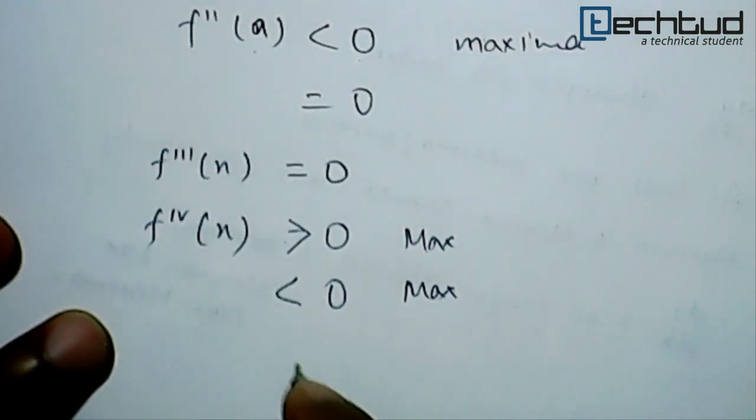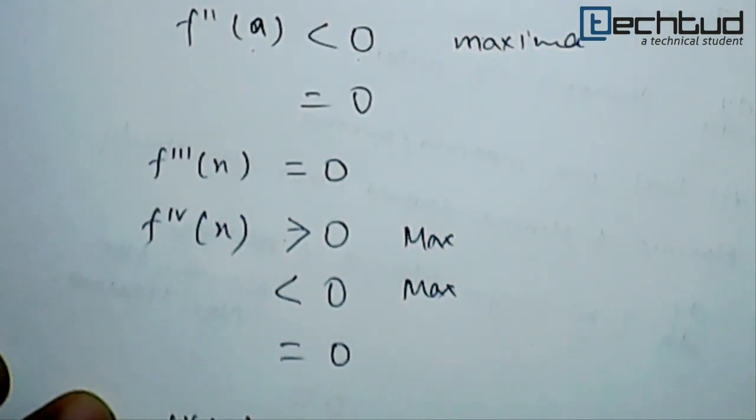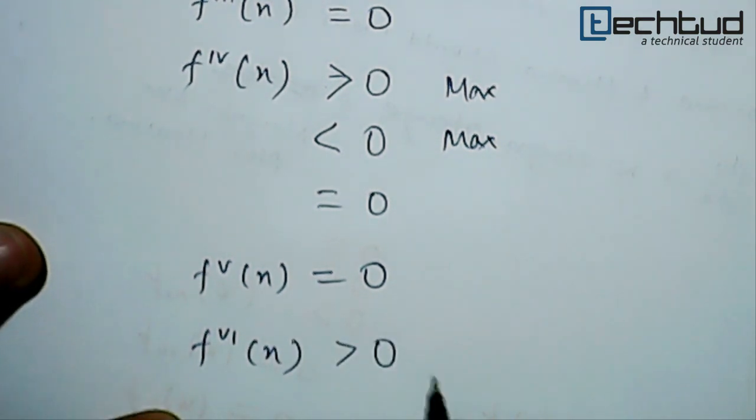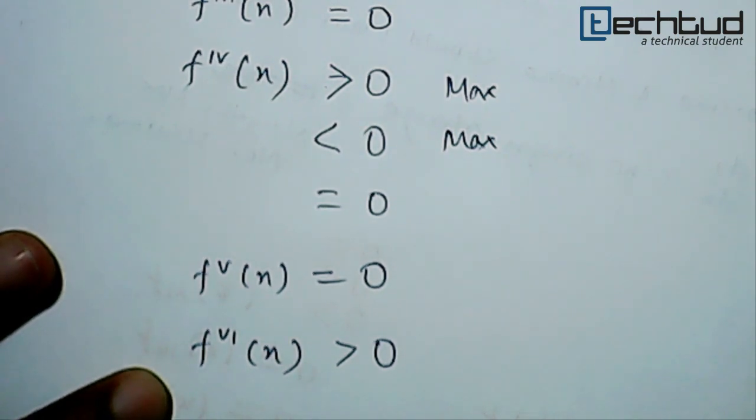And if equal to 0, then again we will go and find out f5(x). And if that is equal to 0, then f6(x); we will check if f6(x) is greater than 0. If it is greater than 0, the point is minima. If less than 0, maxima. Or if equal to 0, likewise we will proceed.